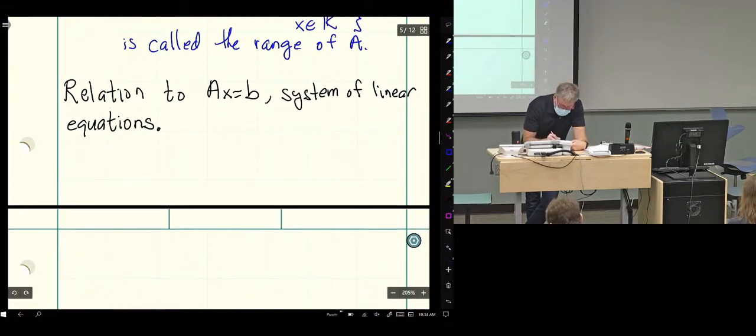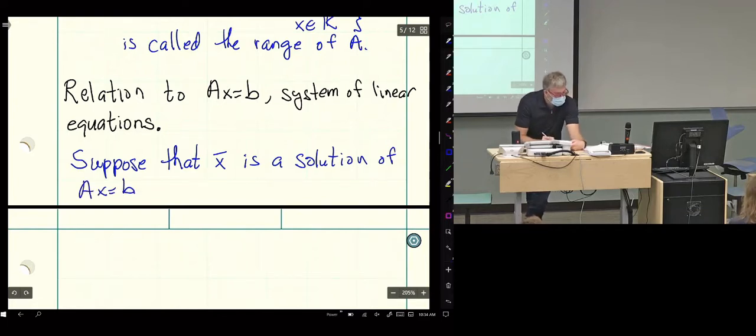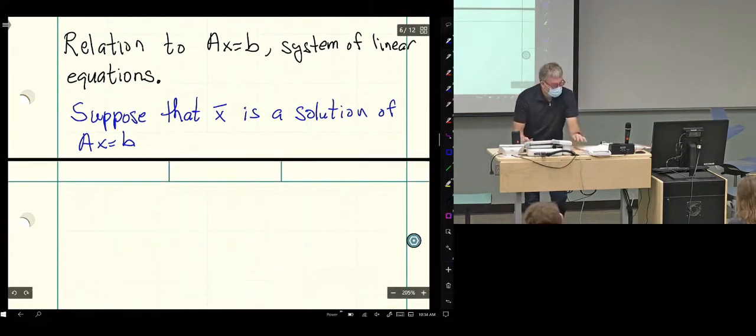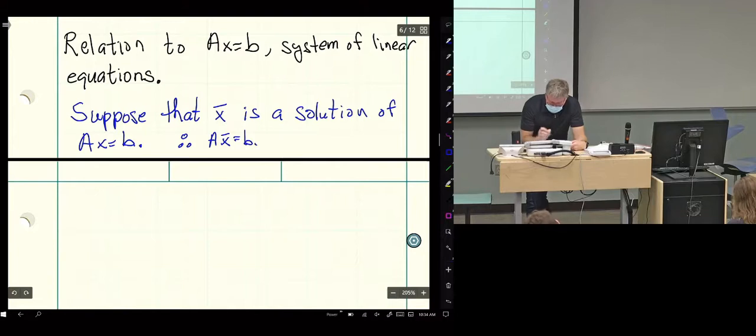Okay, so let's suppose that X bar is a solution of AX equals B. Conclusion, AX bar equals B. That's the only thing that being a solution means, right?